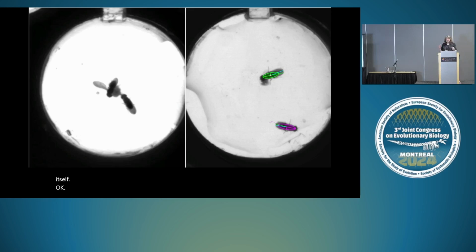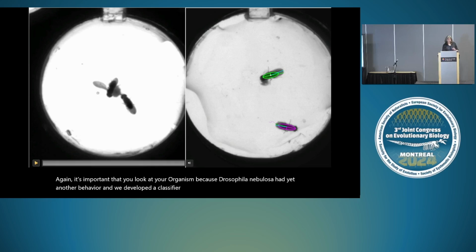Again, it's important that you look at your organism because Drosophila nebulosa had yet another behavior, and we developed a classifier for it, and I'll show it. This is something we've observed just holding up cultures of nebulosa. You see the males and females will do this wing flick thing.